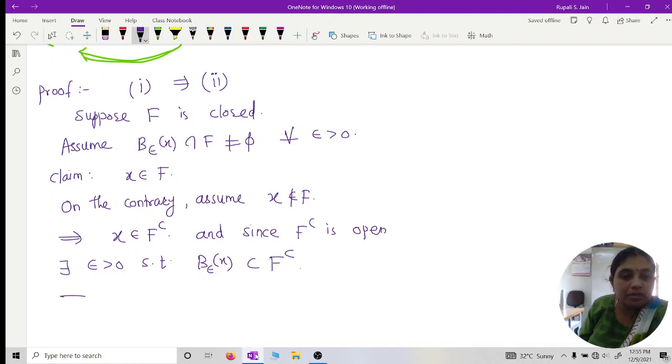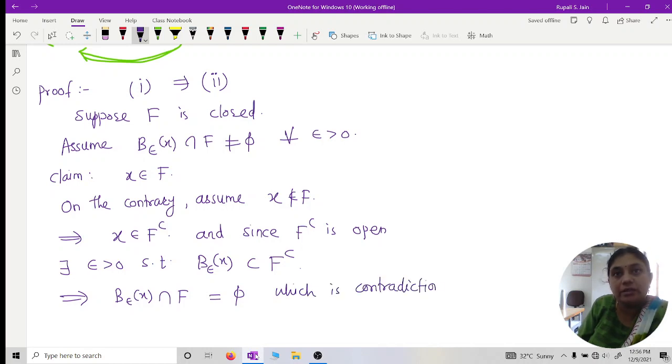So this implies B_epsilon(x) intersection F must be empty, which is a contradiction. Therefore our assumption is wrong, and x must belong to F.